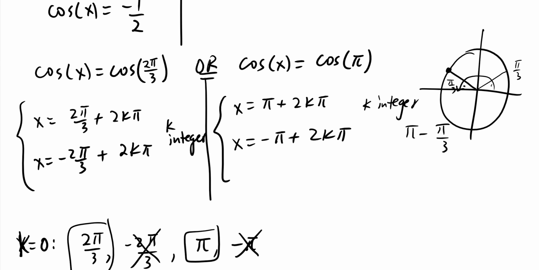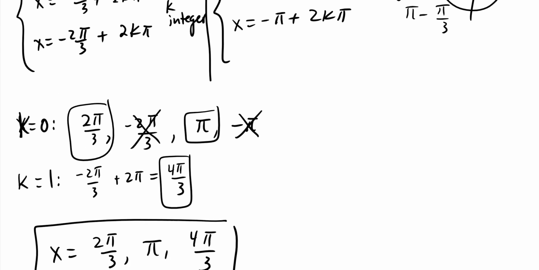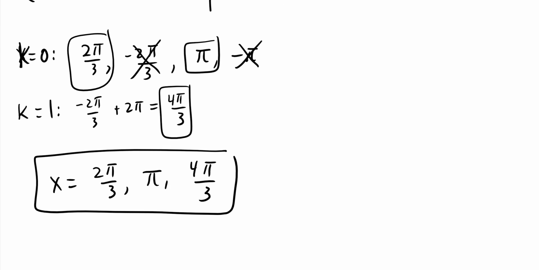Did we check everything? k equals 0, k equals 1. Everything looks good, right? So we got only 3 solutions.